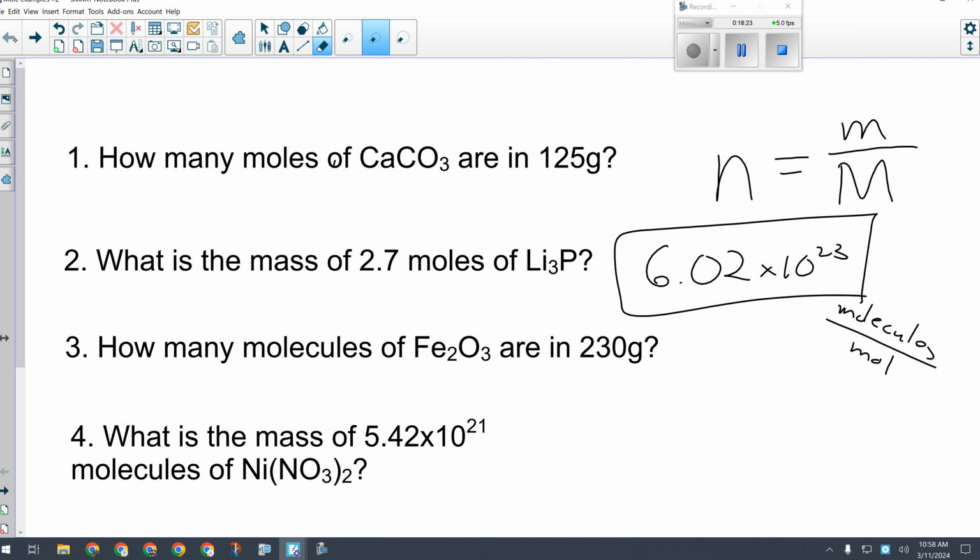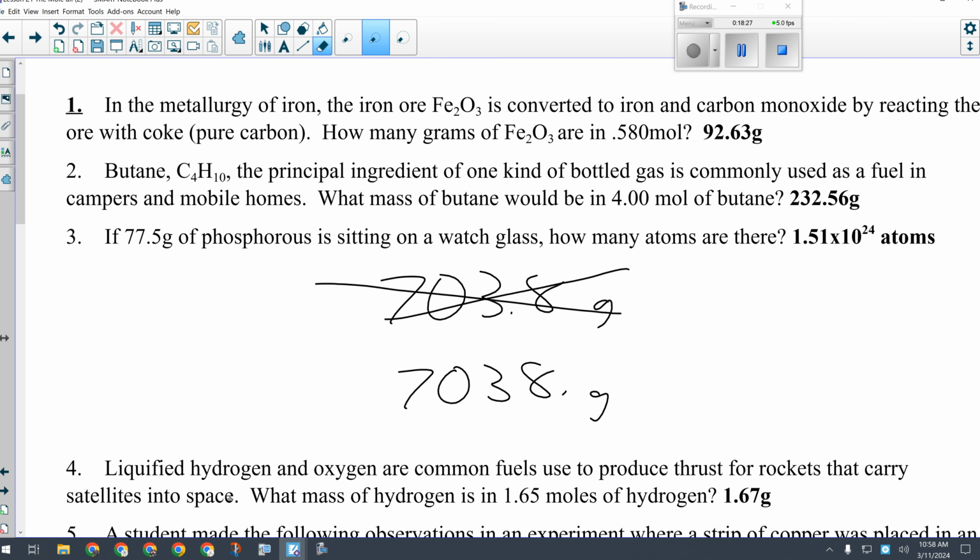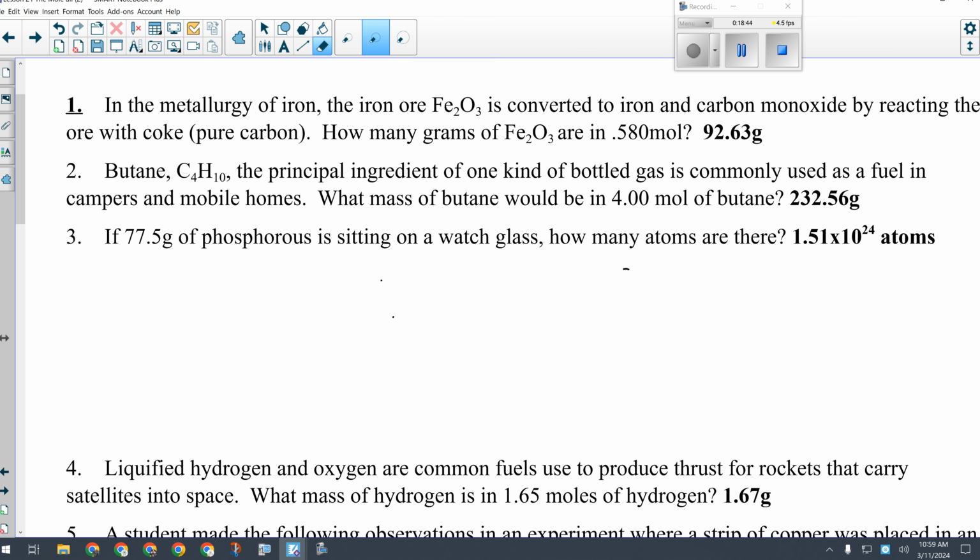Okay, so on that note, here are some questions that involve not so much a whole page of text, but we're kind of building towards that. Okay, so if we're looking at question number 1, we'll kind of walk through this one as an example. Okay, in question number 1, it says, in the metallurgy of iron, metallurgy is taking the ore and then converting it into the useful metal.